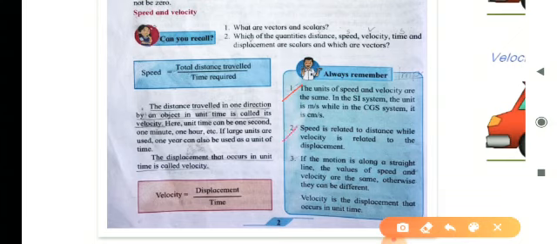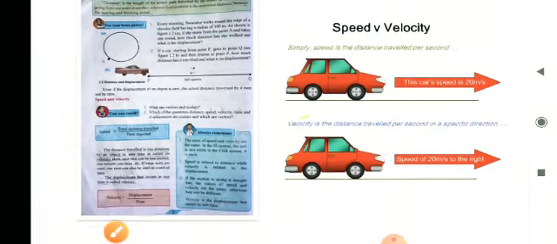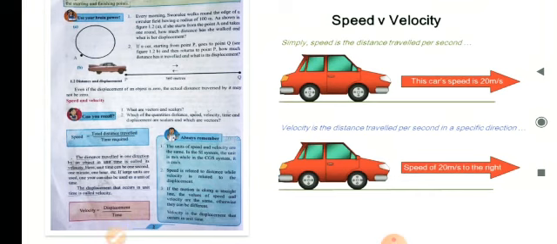Second, speed is related to distance while velocity is related to displacement. Third, if the motion is along a straight line, the values of speed and velocity are the same. Otherwise, they can be different. So, velocity is the displacement that occurs in unit time. Now, let us see the pictures here given. Here you can see speed versus velocity.